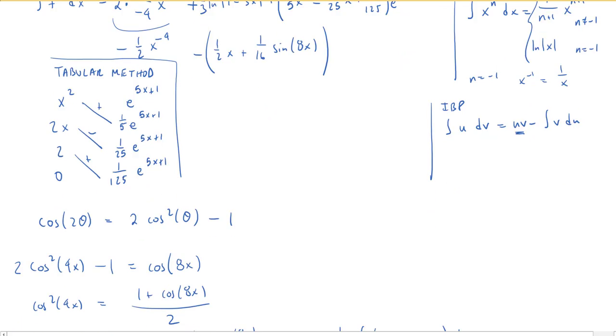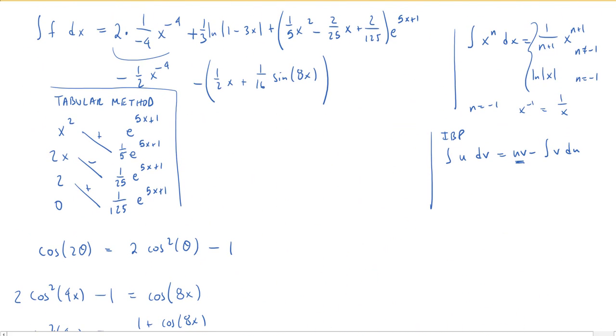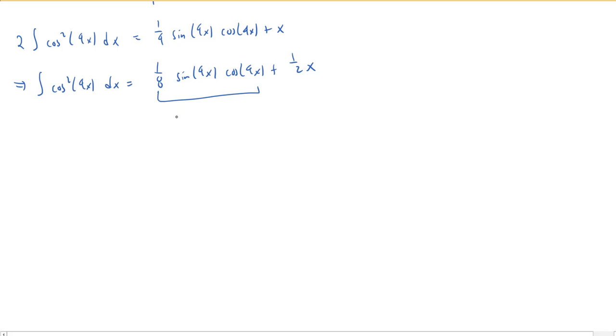Okay, we had the 1/2 x. Okay, there's the 1/2 x. But what we had up above, right, was 1/16 sine of 8x. Does that compare? Is this equal to 1/16 sine of 8x?